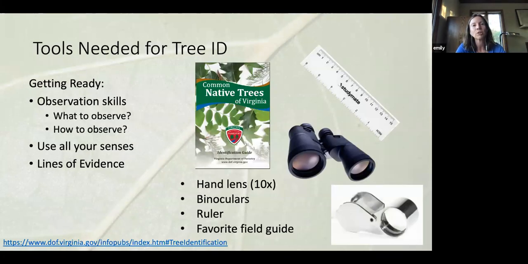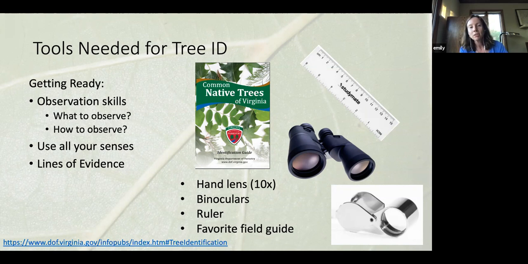I want to make sure that we get ready to go out with the right ideas and thoughts in mind. When I go out in the field, it's all about making sure I have the right tools to go with me. So things to have with you are a good tree ID book. I really strongly recommend the Common Native Trees of Virginia.